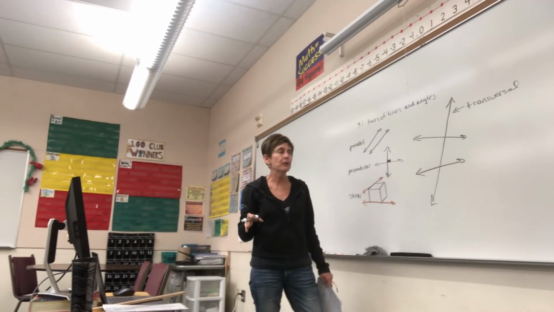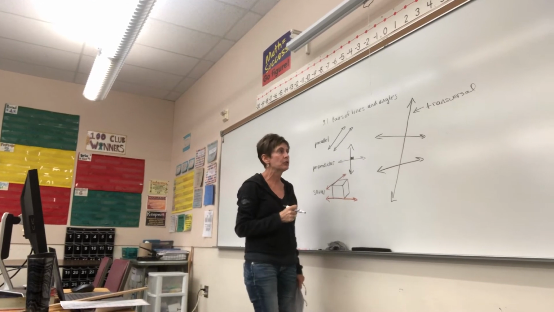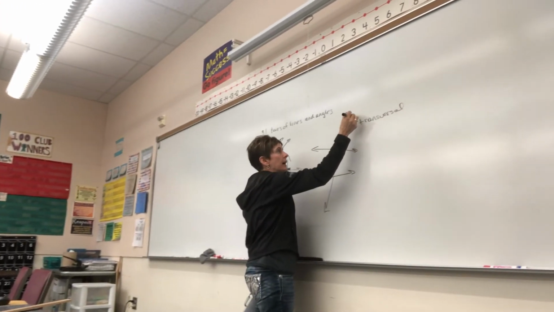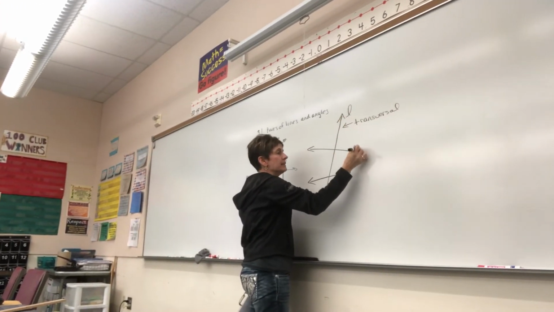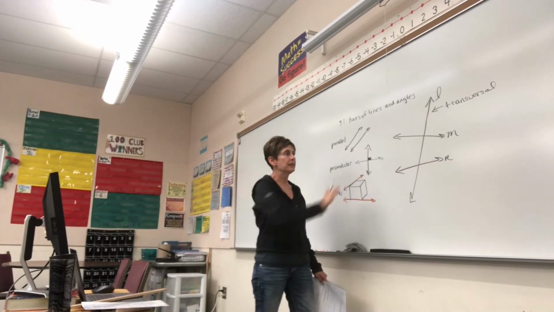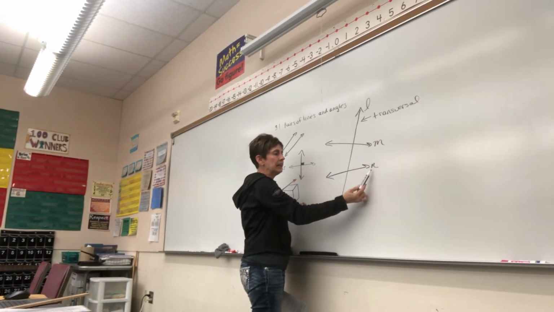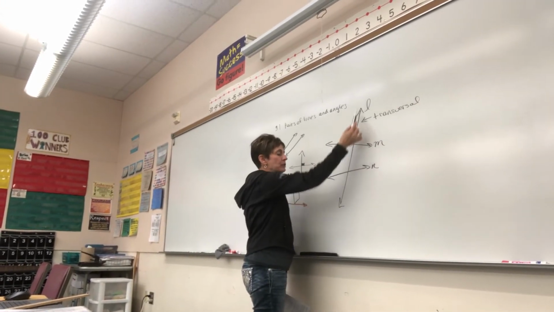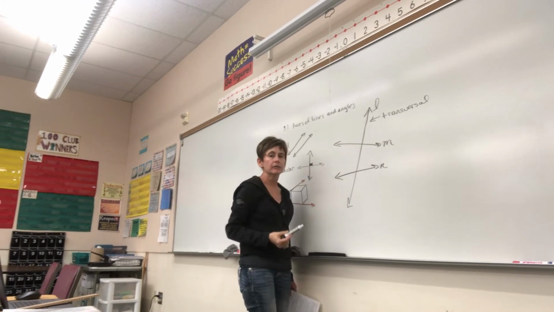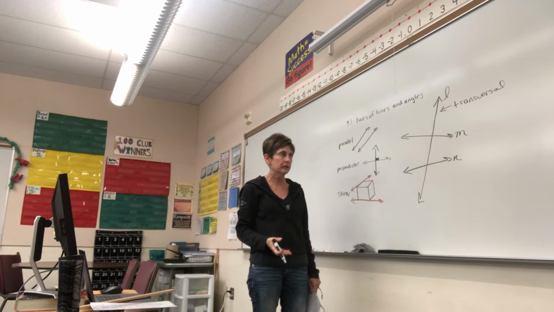And remember, from our first lesson, I believe it was 1.1, 1.2, when we talk about a line, we use a lowercase italicized letter. So, for example, in this picture that I've drawn here, I have lines m and n crossed by the transversal line l. And notice I've written those lines in lowercase italicized letters.